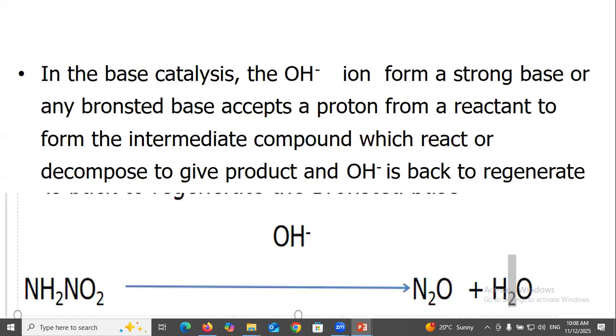In base catalysis, the hydroxide ion, a strong base, or any Bronsted base accepts a proton from a reactant to form the intermediate compound, which reacts or decomposes to give the product, and hydroxide is regenerated.